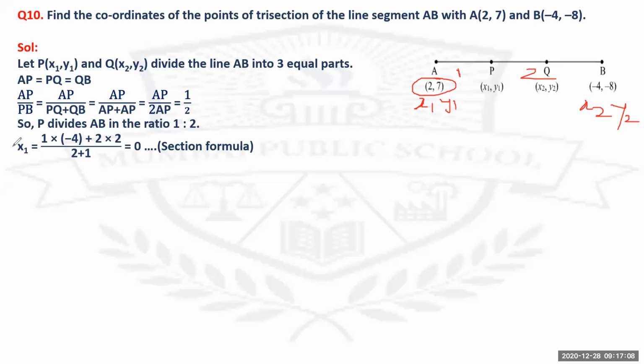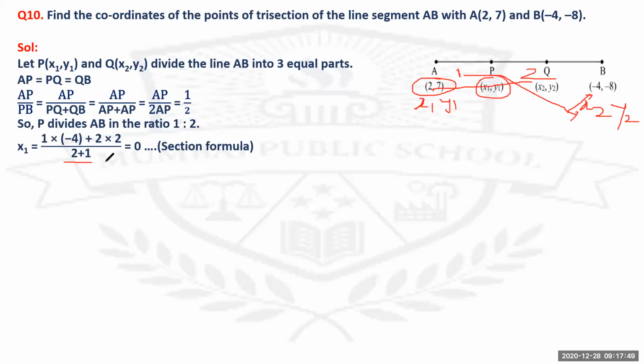When you substitute, here we have assumed P as x1, y1. So x1 equals M into x2, that is 1 into x2, and x2 is -4, so 1 into -4, plus 2 into 2, divided by m plus n, that is 2 plus 1.